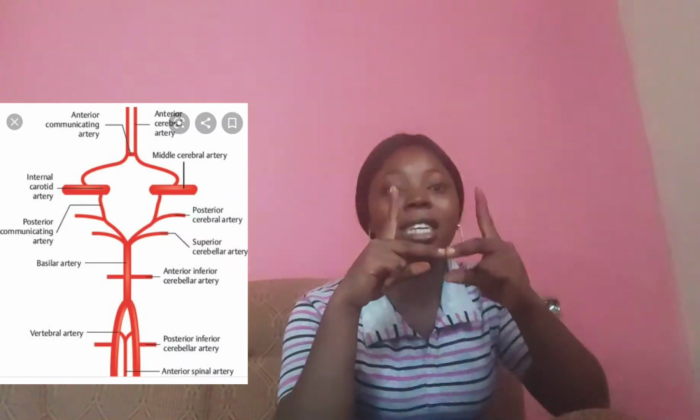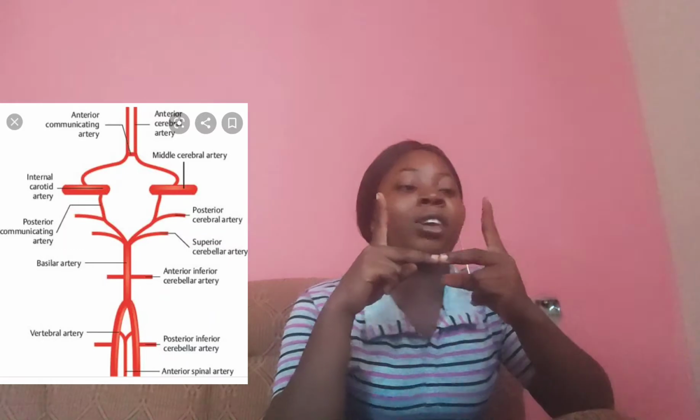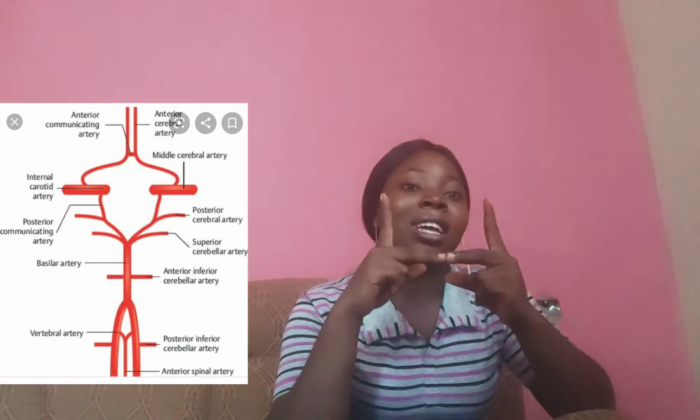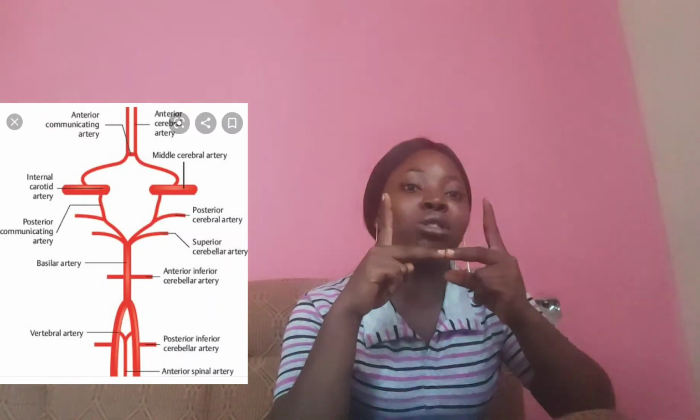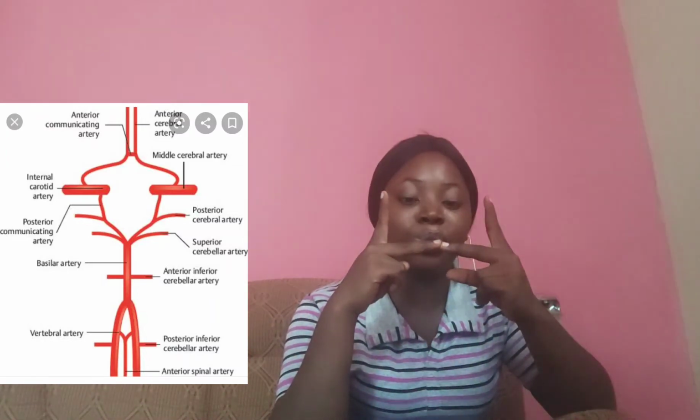So let me use my hand as the anterior. These two fingers pointing up are the right and left anterior cerebral arteries, while this one now is the anterior communicating artery.